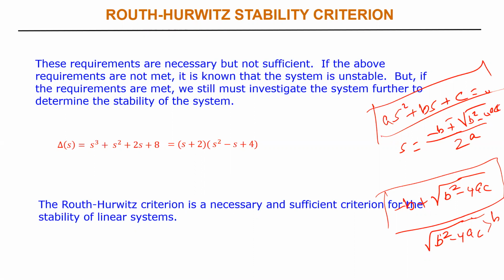We know that if one of the terms is missing or negative, then immediately we abort, and for sure the system is unstable. The question is, if all of them have the same sign, is the system going to be stable or unstable? This is basically the sufficient part, and the sufficient part will come.